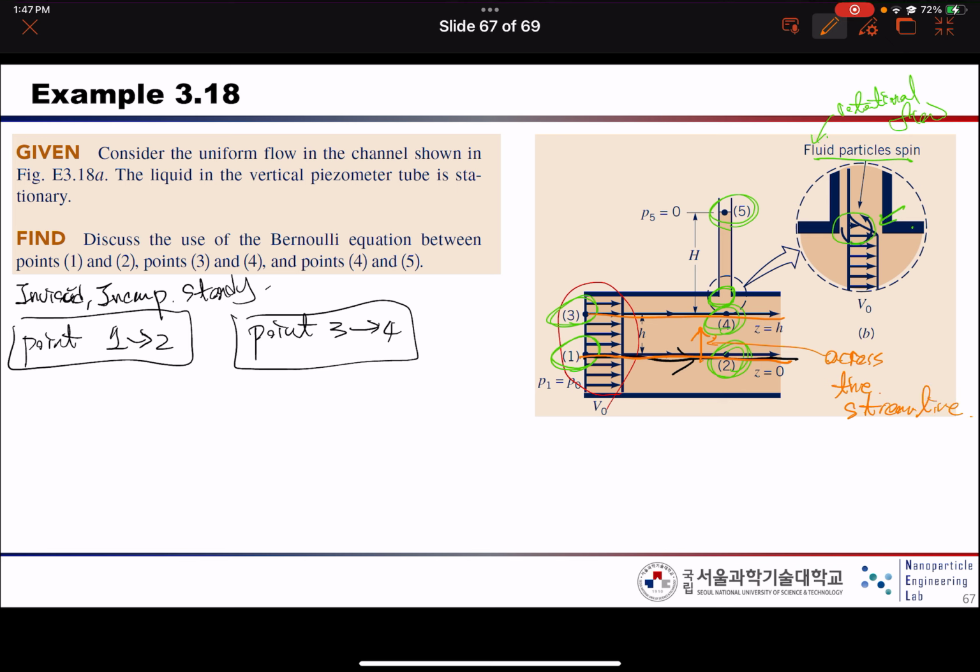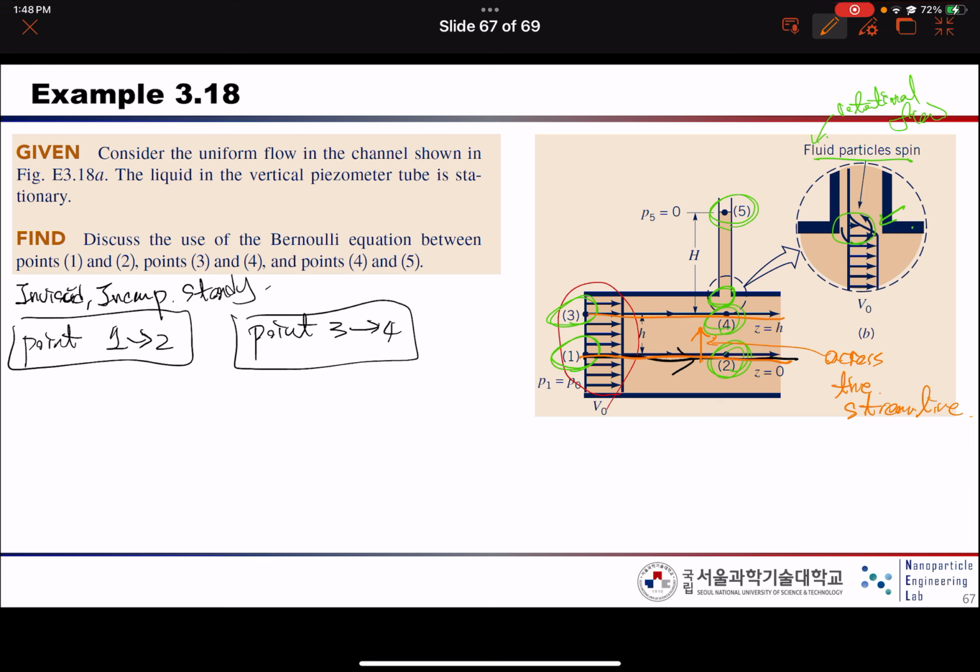And here, as you know, because the streamlines are straight and horizontal, between points 3 and 4 we can also connect it. Okay.